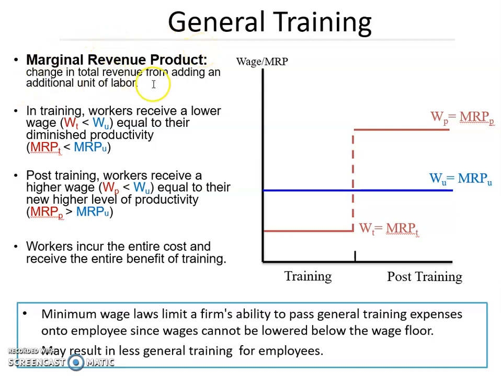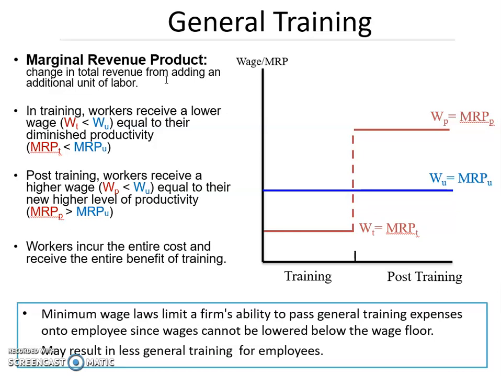This is the change in total revenue from adding an additional unit of labor. It's the firm's way of looking at how much you contribute per, let's say, hour of labor to their total revenue. The thing about marginal revenue product is because it's the value you're generating for the firm, firms don't want to pay you any more than that.